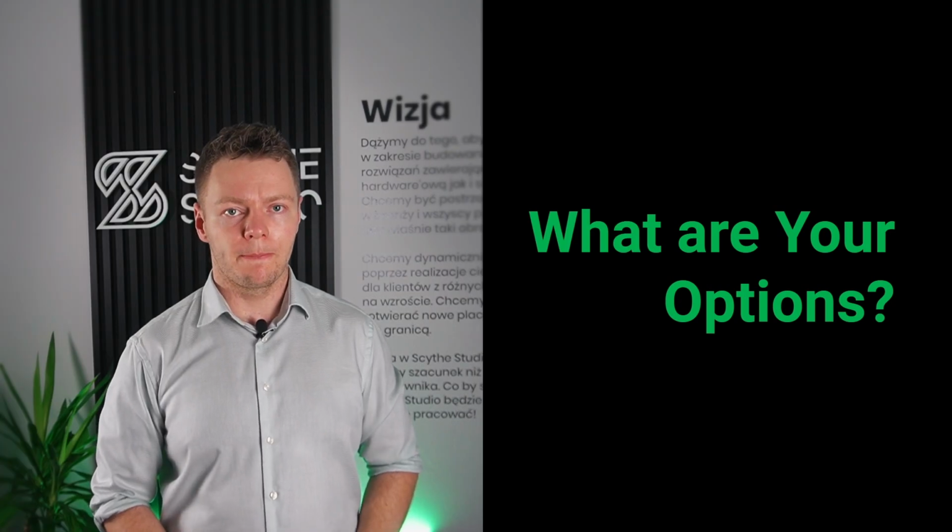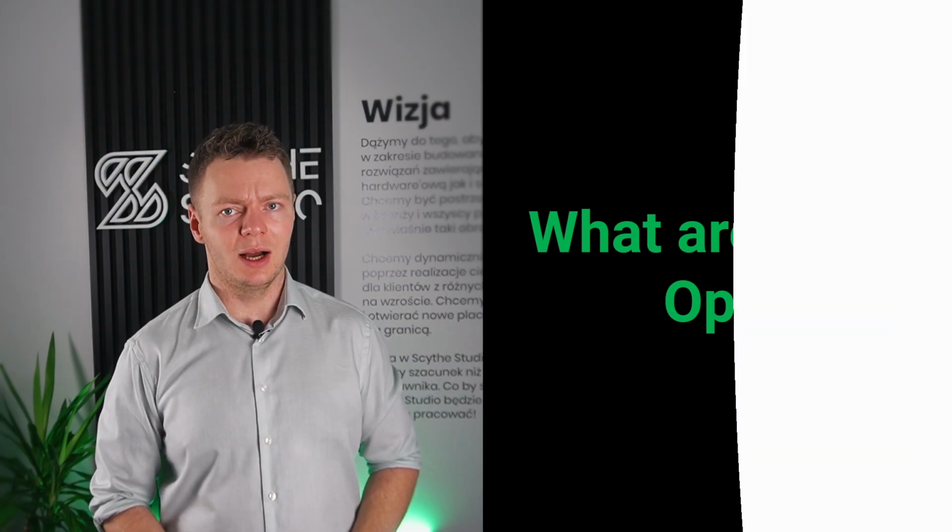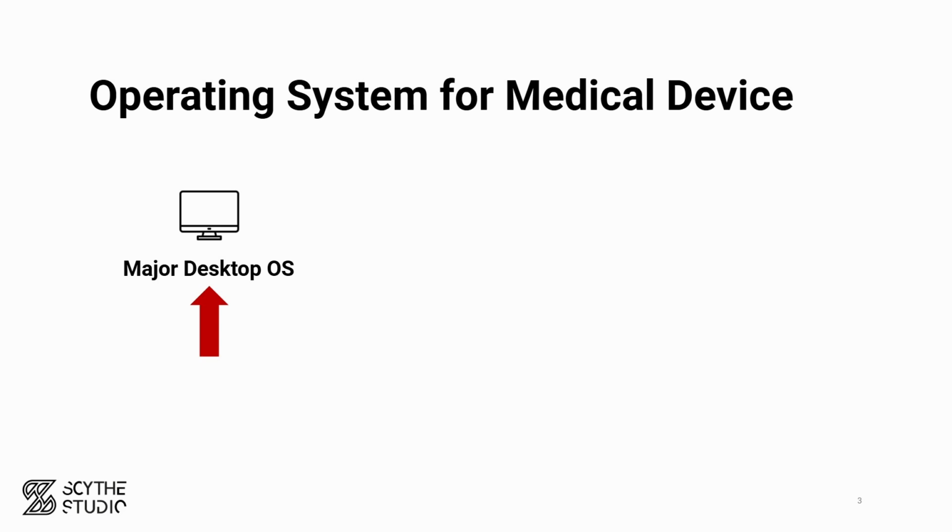So, first of all, what are your options? I have seen a lot of medical projects built by giant corporates that were using desktop-grade operating systems like Windows or Ubuntu. And is it okay to do so? I would say that in some circumstances, yes, because a lot of medical devices are so expensive that putting a high-end microcomputer that can easily handle Windows does not make much difference.